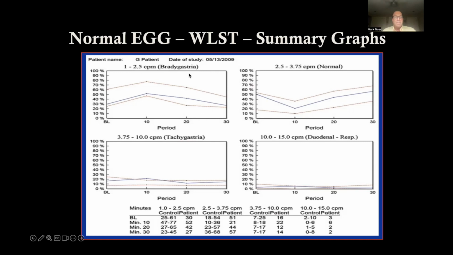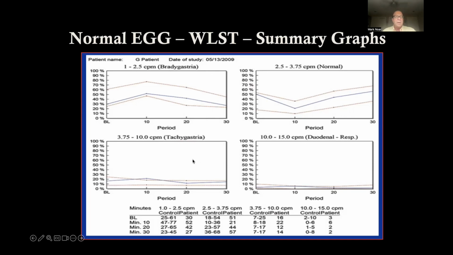The Brady, and we're changing the nomenclature, and I'll come back to that in a moment, is actually your antral contractions, which run in the 1 to 2 cycle per minute range. They are normally in the normal range, unless there's an absence of the normal 3 cycle per minute activity, in which case it becomes relatively dominant. What we call the duodenal in the lower right-hand side, these are your typical duodenal contractions that occur in the range of 10 to 15 cycles per minute, and very little changes that.